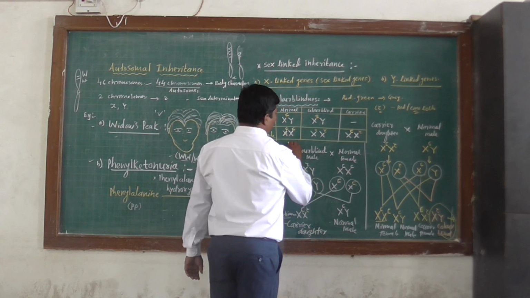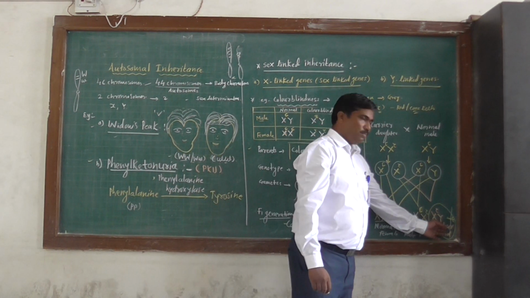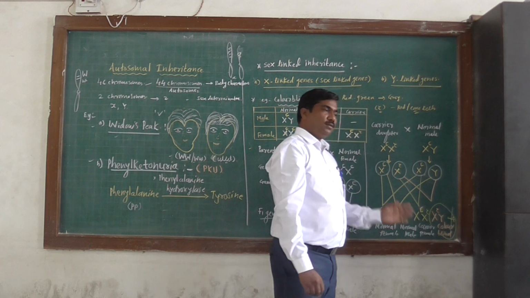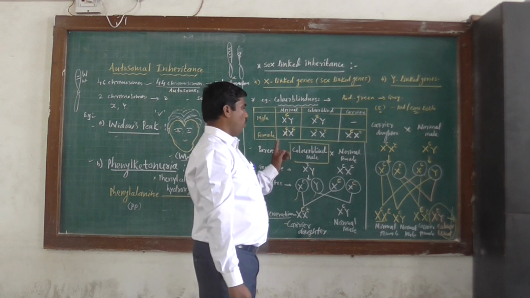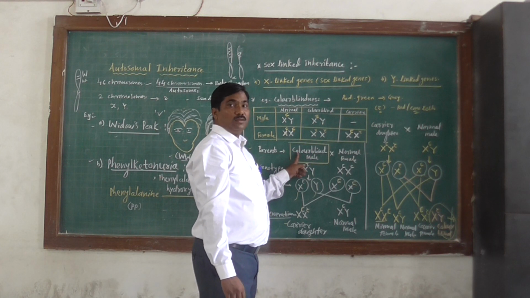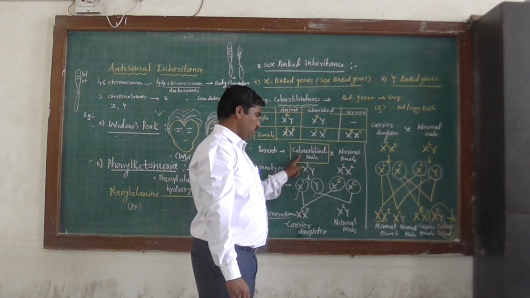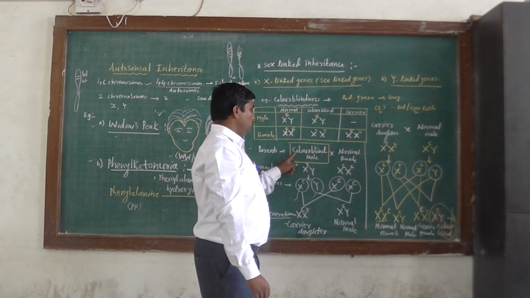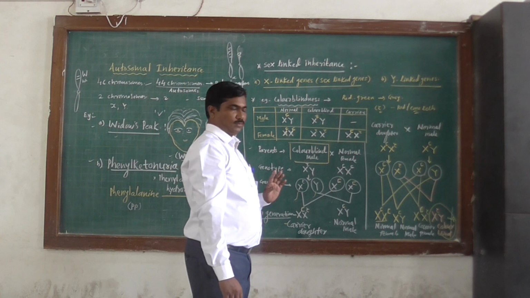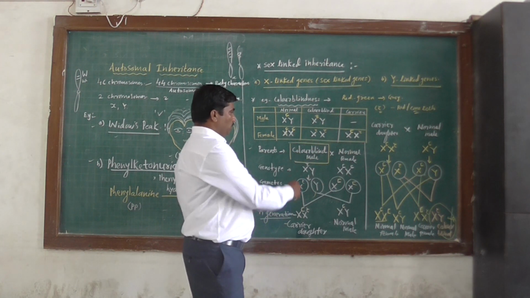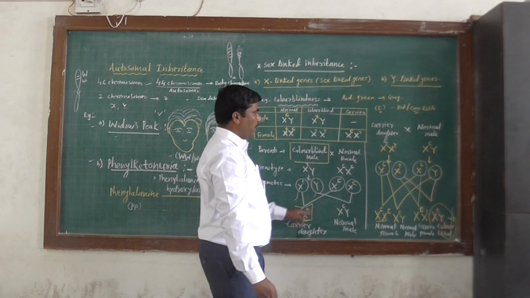This colorblind male is the father, and in the next generation this child is his grandson. So the character is transferred from father to grandson, through his daughter, because his daughter is a carrier, and this carrier daughter married a normal man.